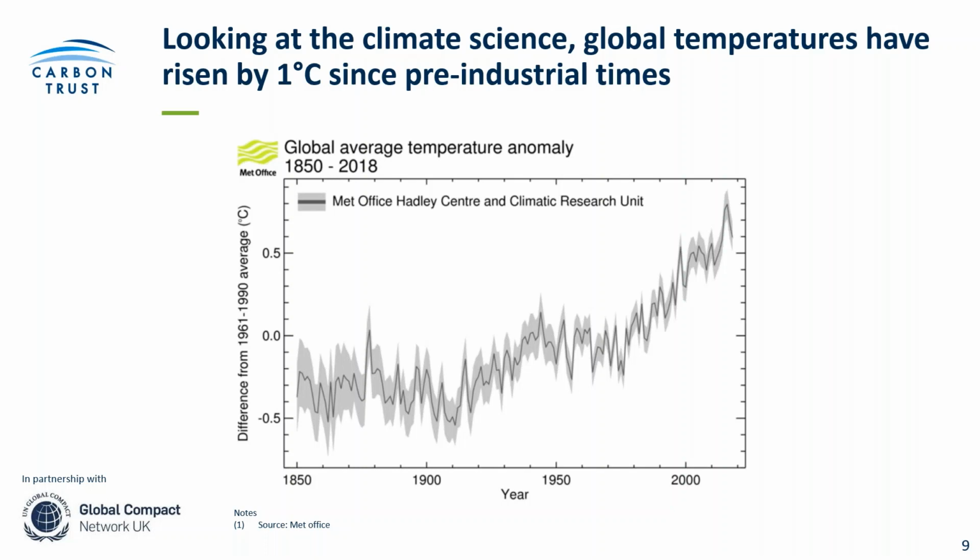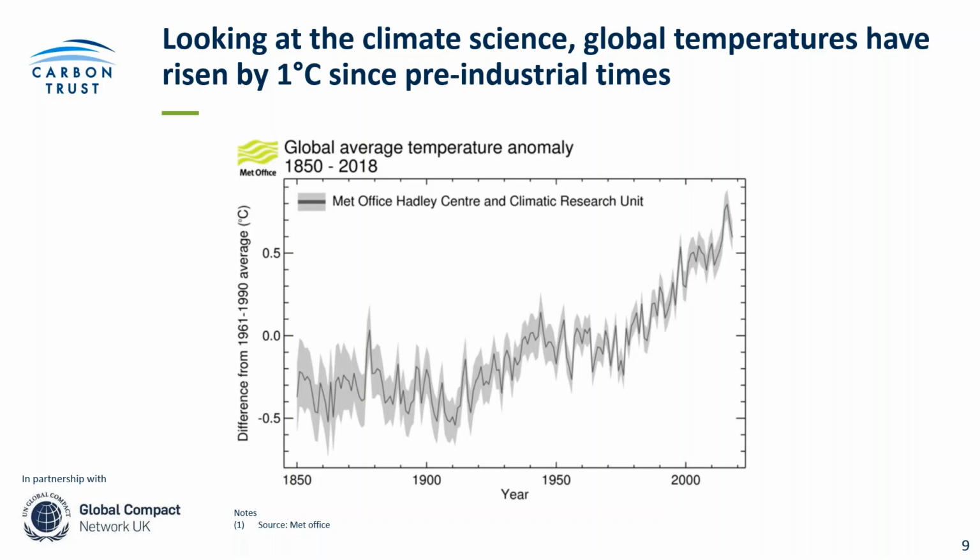So just to put that into context, to actually hit a 1.5 degree target, we would actually need to hit that level of reduction for the next 10 years running. So hopefully that puts it in context in terms of what we need to do to align to a 1.5 degree world.